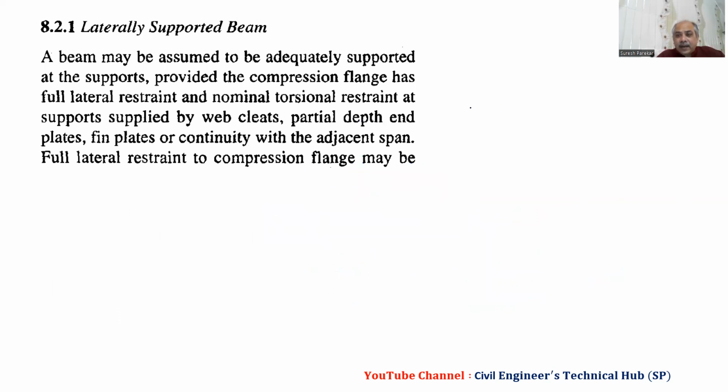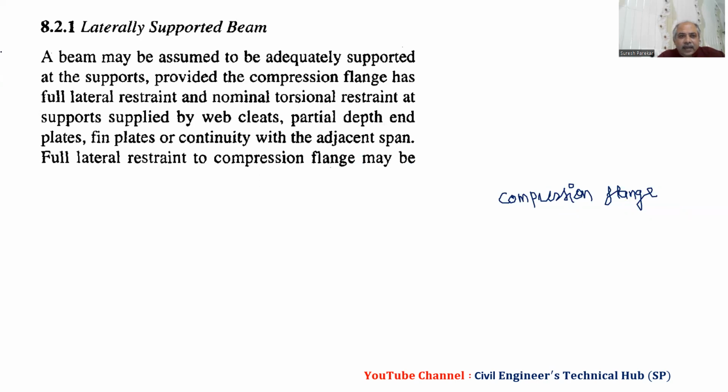So we have seen types according to your SF and BM. Now this laterally supported and unsupported goes to the compression flange. The compression flange will decide whether my beam is laterally supported or laterally unsupported. Now how will it decide?